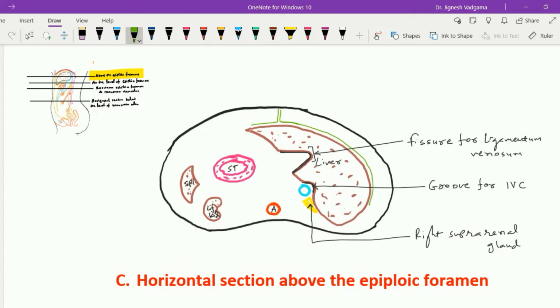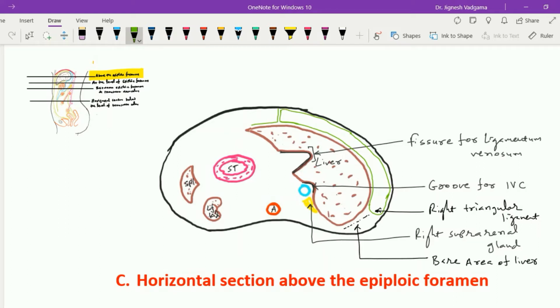From the bare area it is reflected to the diaphragm as the right triangular ligament, and from here it is reflected over the diaphragm, covers the anterolateral body wall and continues with the right layer of the falciform ligament.